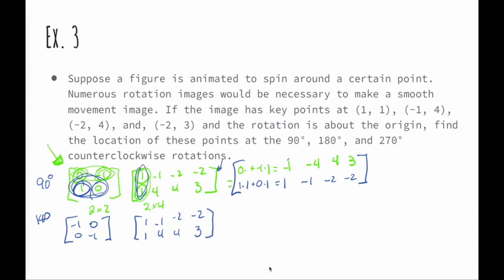So we're going to multiply the x by -1 and the y by 0 for that first row. So all of the x's are going to switch signs. And then for the second row, we're going to multiply the x by 0 and the y by -1. So the x's go away and the y's get multiplied, they switch signs. -4, -4, -3.